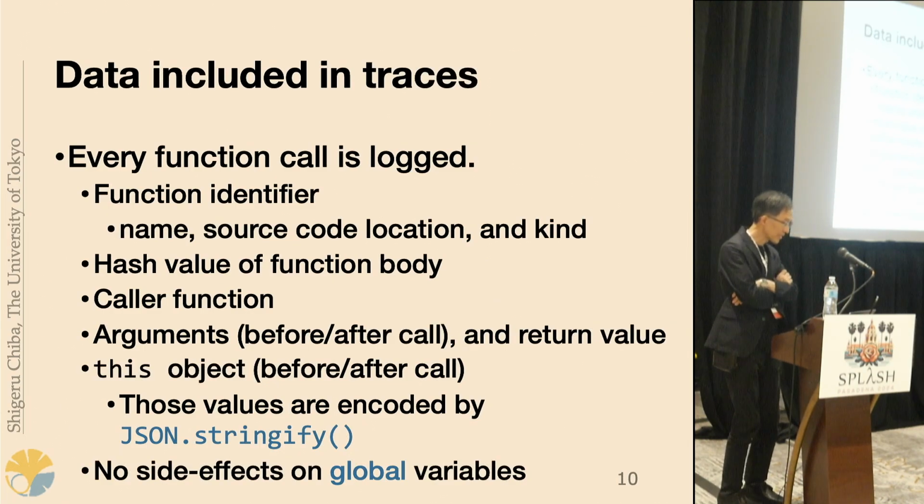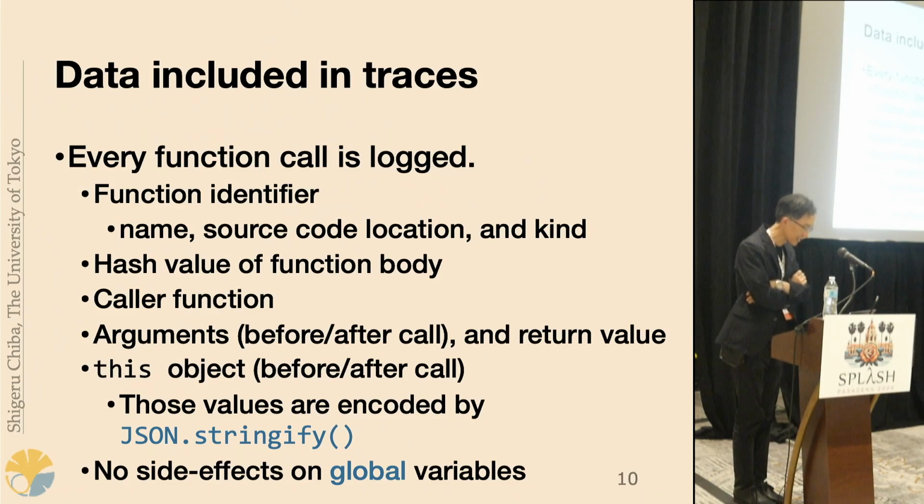So which data is included in the execution trace? Bugfox logs every function call. That logged data includes a function identifier, which is a name and a source code location, and the kind of function, because JavaScript supports different kinds of functions like lambdas and so on.